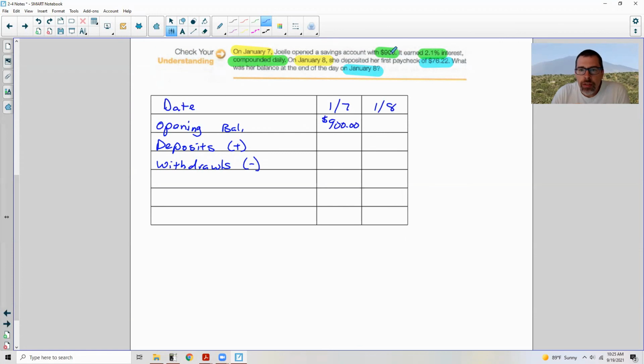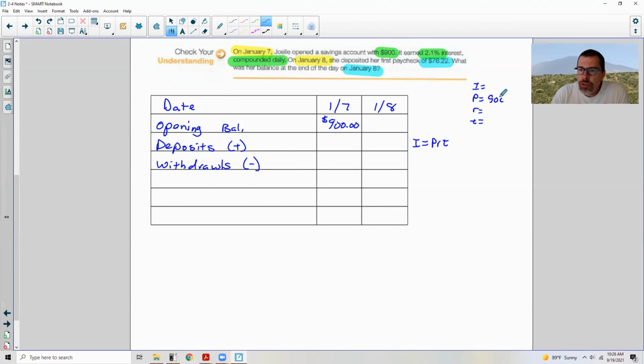So let's see, $900 account. We're going to do I equals PRT, and let me list my stuff up here. I equals, P equals, R equals, T equals.